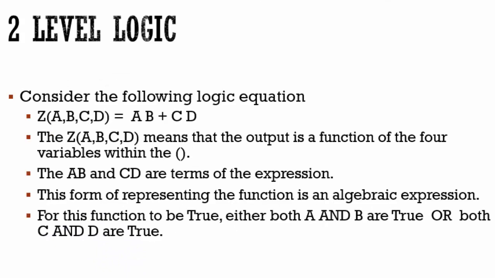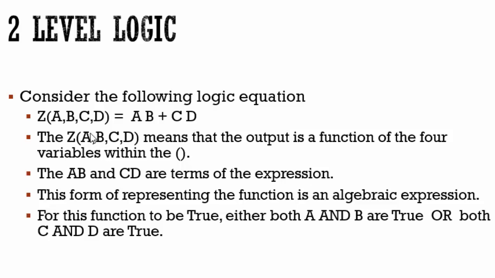Consider the following logic equation. Z(A,B,C,D) is equal to AB plus CD, or AB or CD. The Z(A,B,C,D) means that the output is a function of four variables within the parentheses. So A, B, C, D are the four variables involved. Then the AB and CD are the terms of the expression.